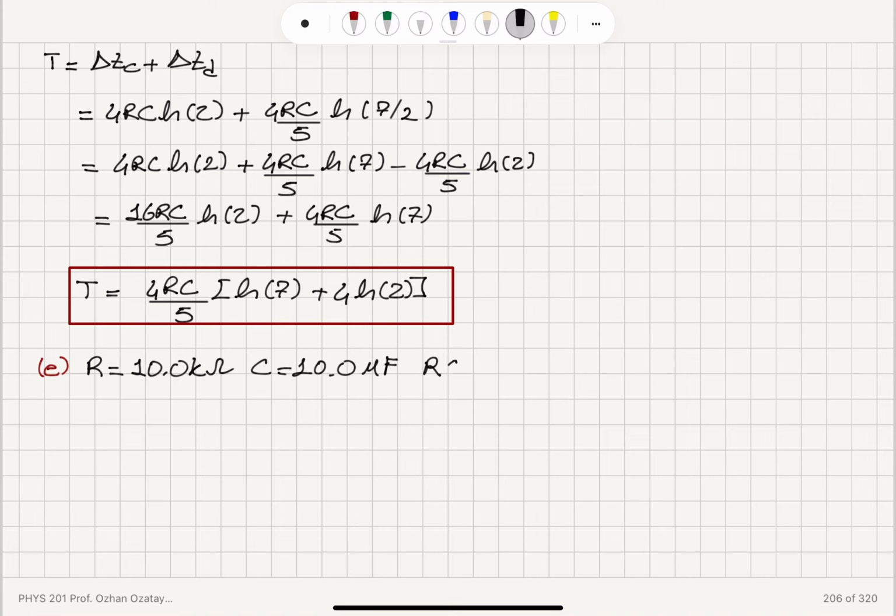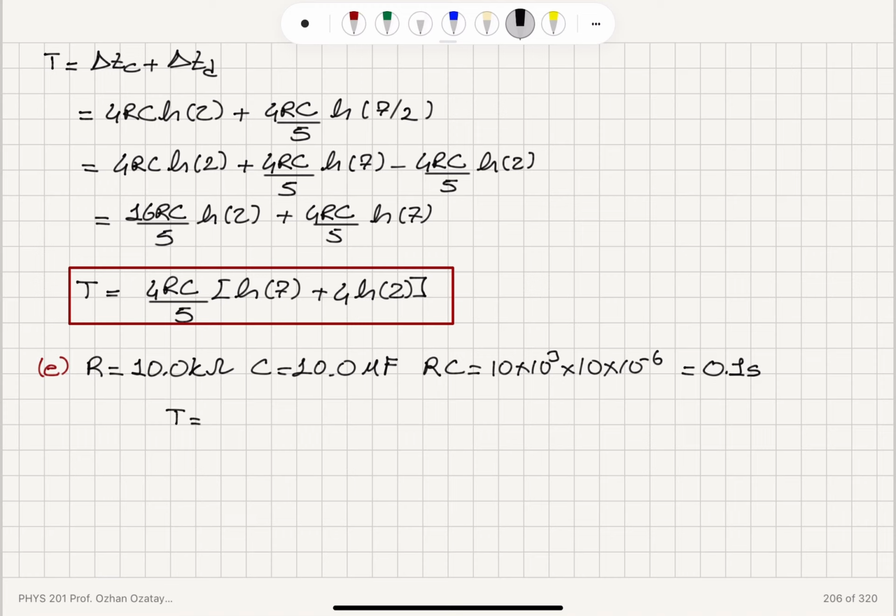The RC time constant is then 10 times 10 to 3 ohms times 10 times 10 to minus 6 farads, which is 0.1 seconds.